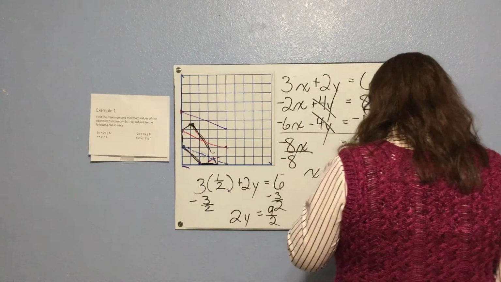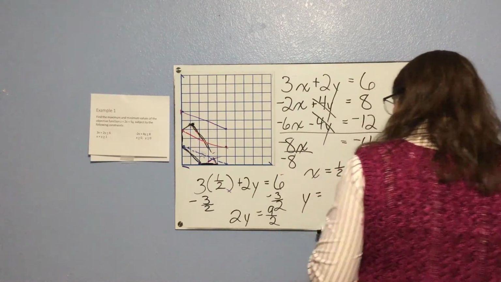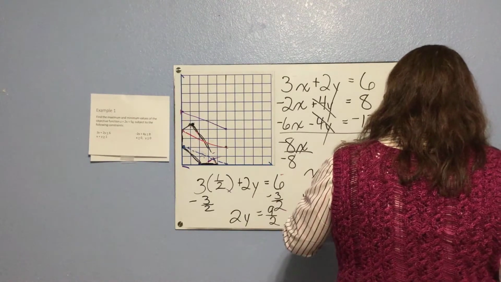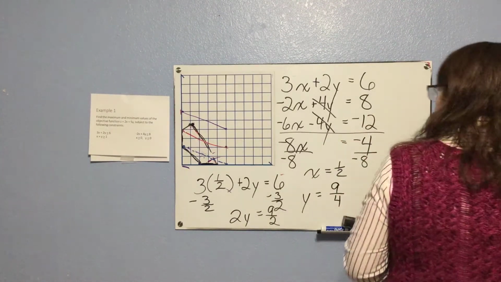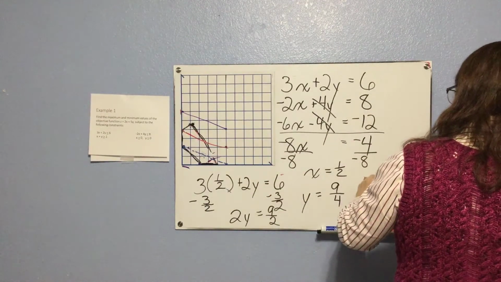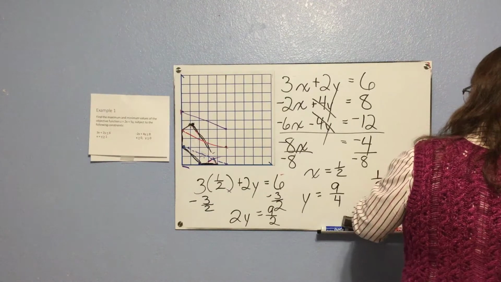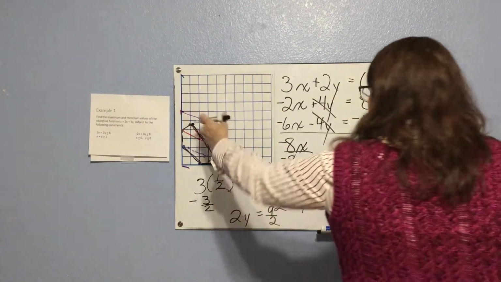Divide by 2, and I get y equals 9/4. So this point is at (1/2, 9/4). Okay, now what's the value of z at that point?